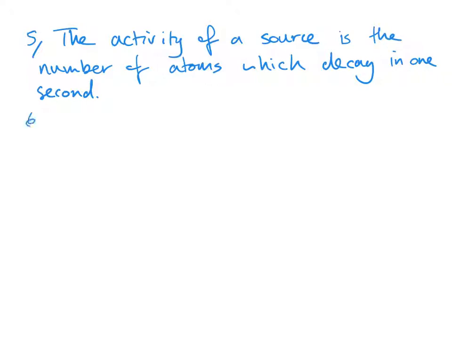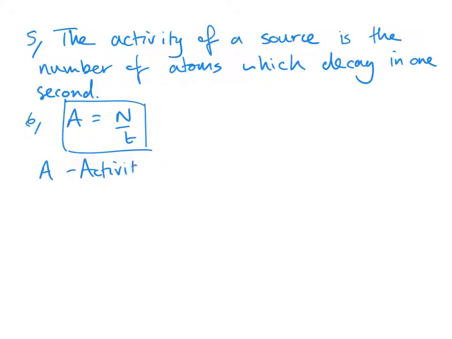So learning outcome 6 is that formula A equals N over T. So A stands for activity, and it's measured in becquerels, so we're introducing a new unit, and that's abbreviated as Bq.